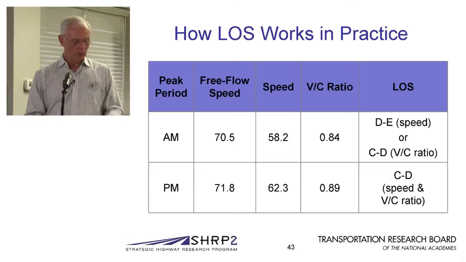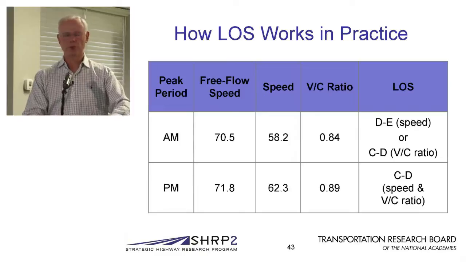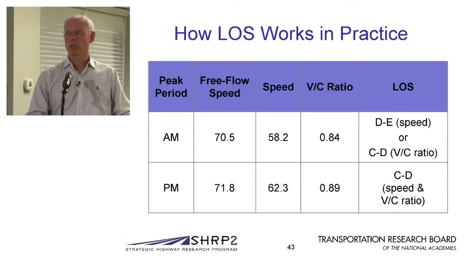The real issue, though, with level of service is that it essentially measures performance based on the demand that's predictable. So it really looks at level of service for the recurring congestion aspect.